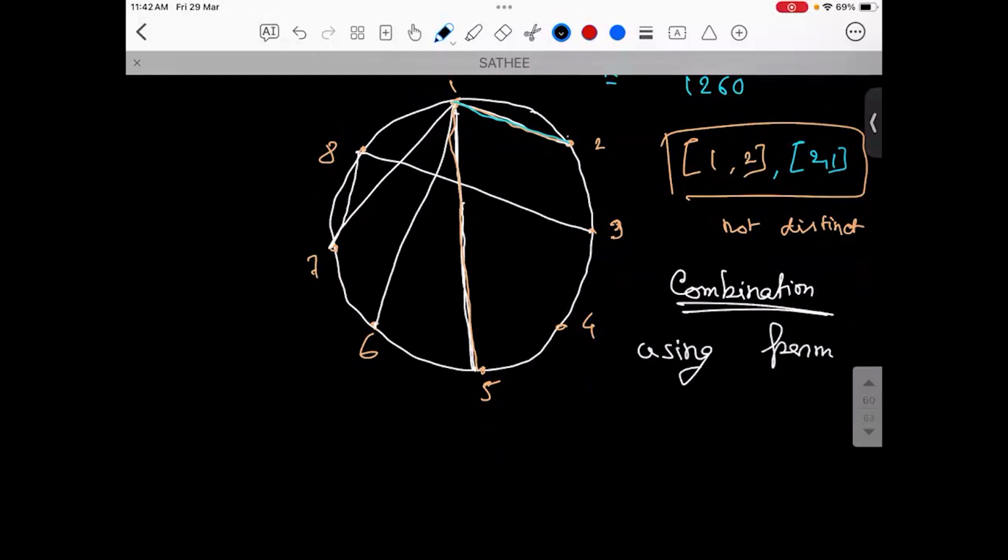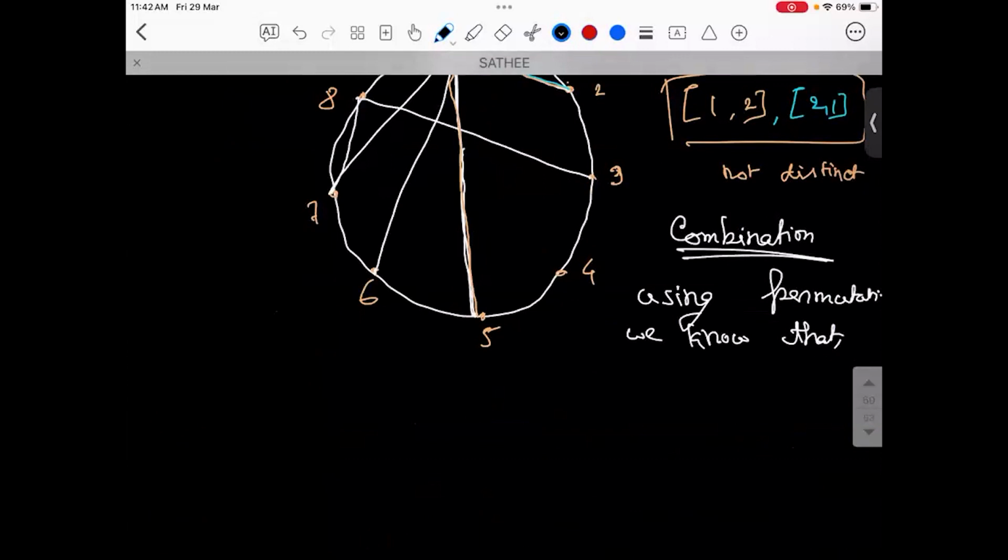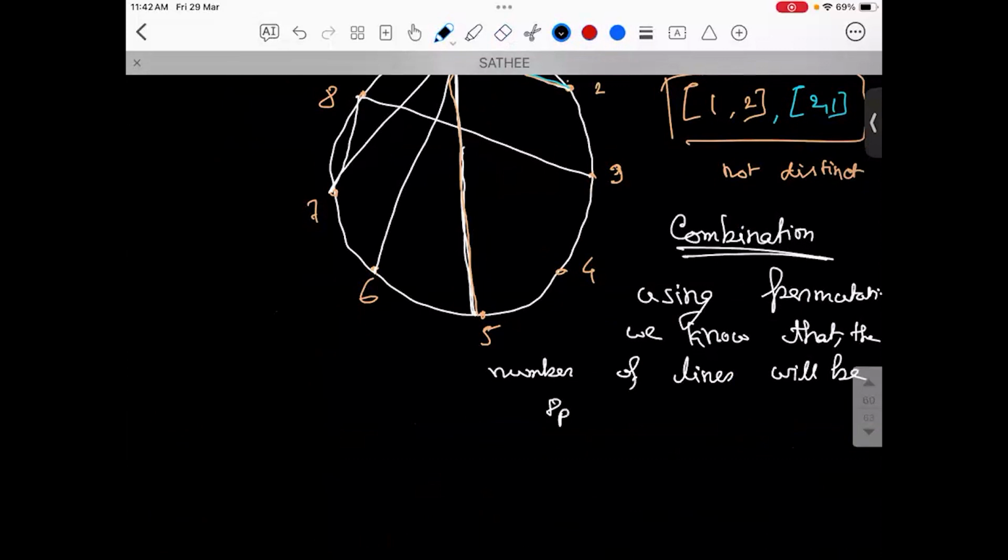Using permutation, we know that the number of lines will be 8P2.